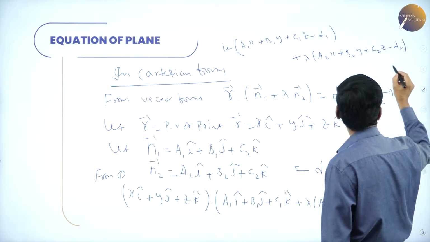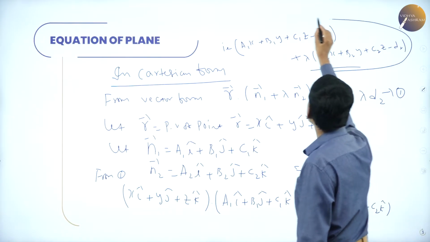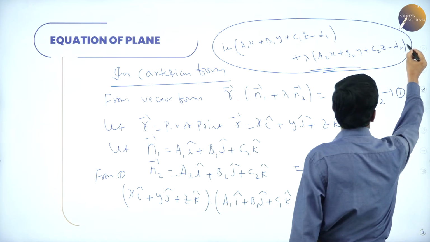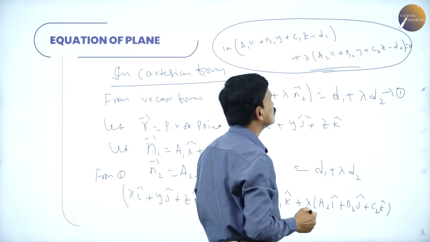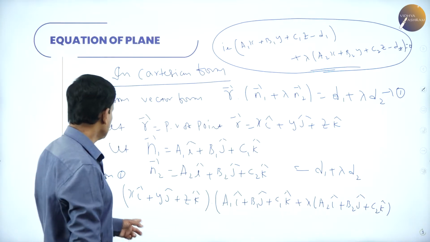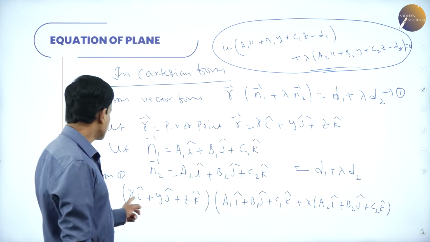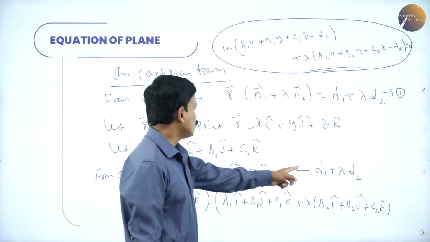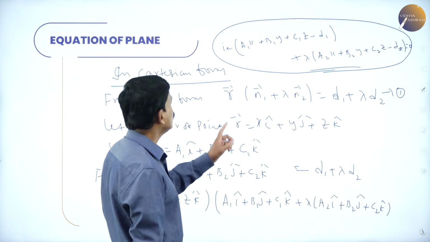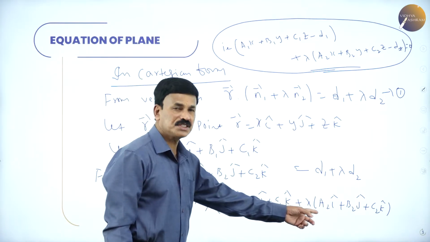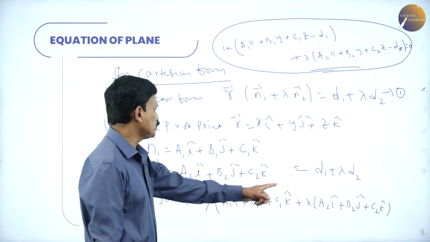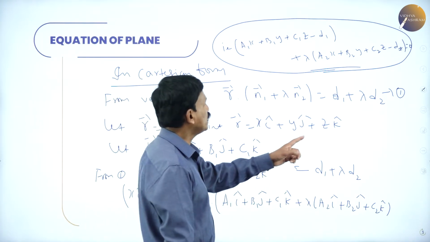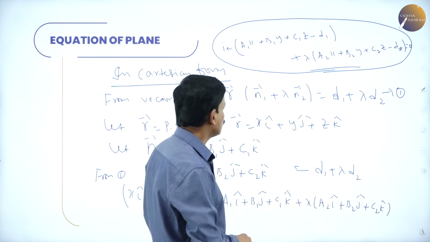So this is the equation of the plane in the Cartesian form. That's all, so this is equal to 0. See here, just the dot product: a1x plus b1y plus c1z minus d1, plus lambda times the coefficient of lambda, a2x plus b2y plus c2z minus d2, is the equation of the plane.